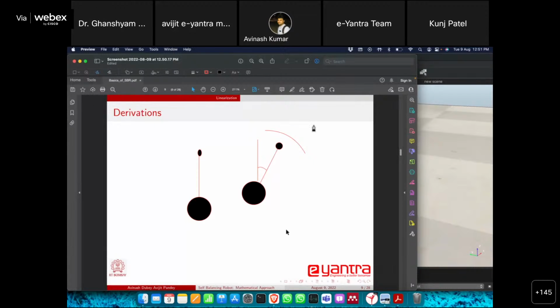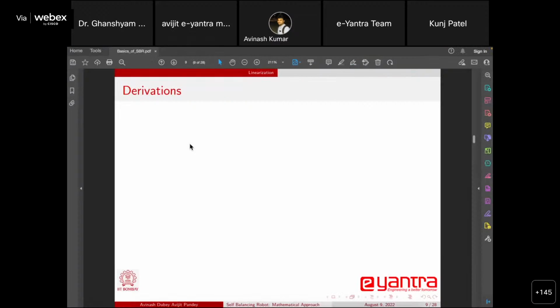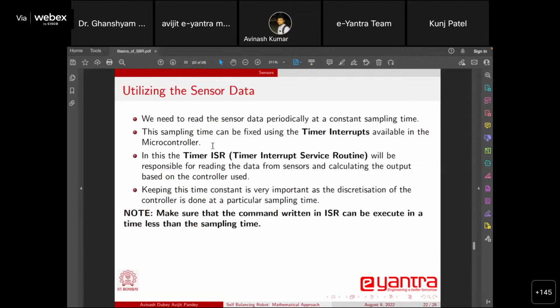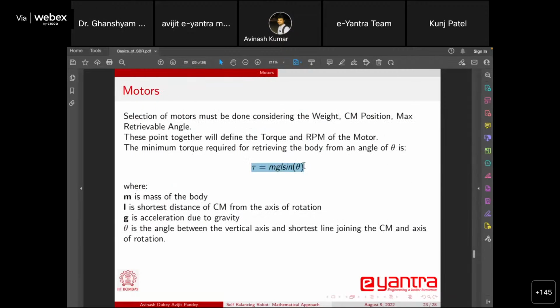In order to find the right amount of torque that is needed, we need to first set a limit on whether my robot can recover itself from plus minus 5 degrees or 10 degrees. Once that angle is defined, we can easily find out by this function, simple math, how much torque I will need in order to balance the robot using a particular motor.